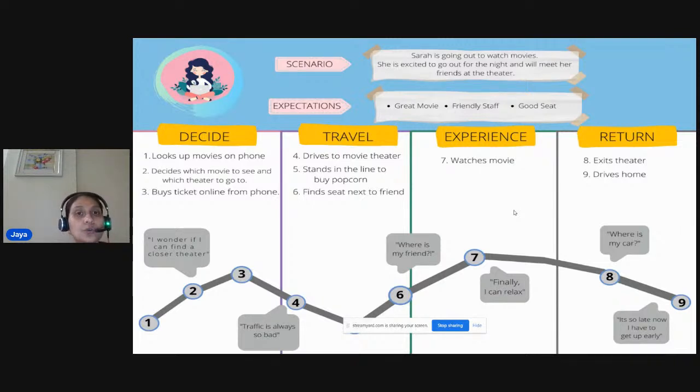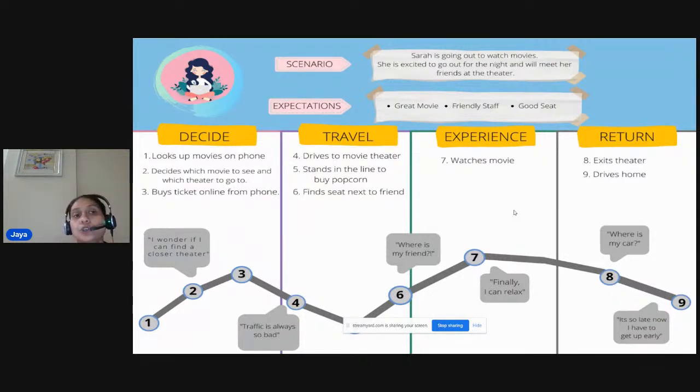Third, the experience. When I talk about the expectation, the experience should match: the movie should be great, and watching it should be relaxing. The ambience should be very good and the staff should be very good, so she can relax and watch a good movie with her good friends. The last point is the return.